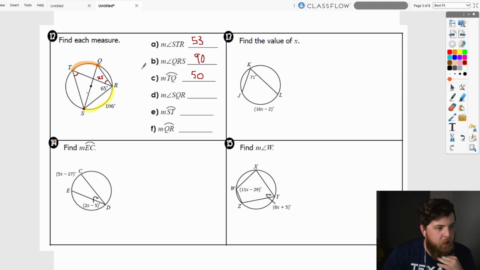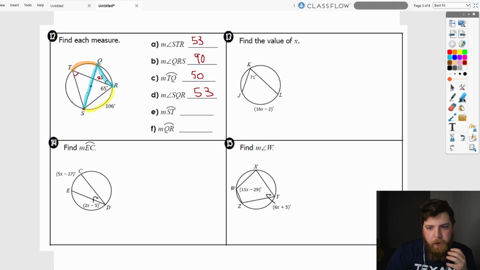Next thing, and we're just going to keep powering through it, right, is SQR. Okay, SQR, just like STR, has SR inside of it, right? So if I'm looking here, SQR has this arc measure, right? So that means this is going to be half, which means this is also going to be 53. Next one would be ST, right?